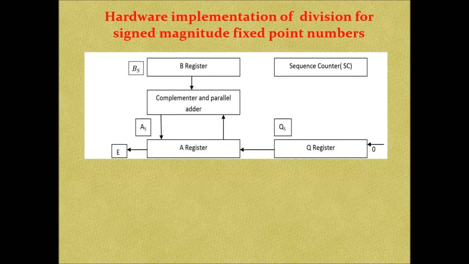One by one we see the name of each register and its purpose. First, the sign bits are separated from the register. This is the A register, this is the Q register, this is the B register. All the sign bits are separated. AS, BS, QS are the sign bits, separated from the actual registers.